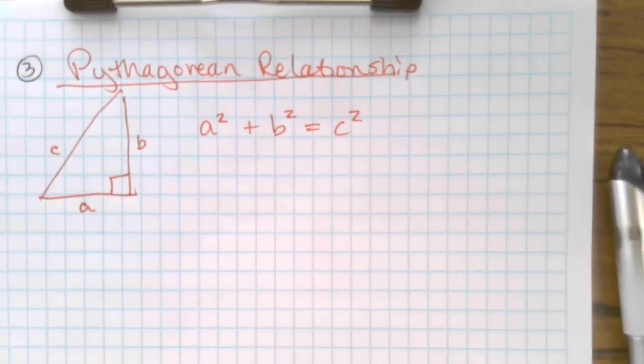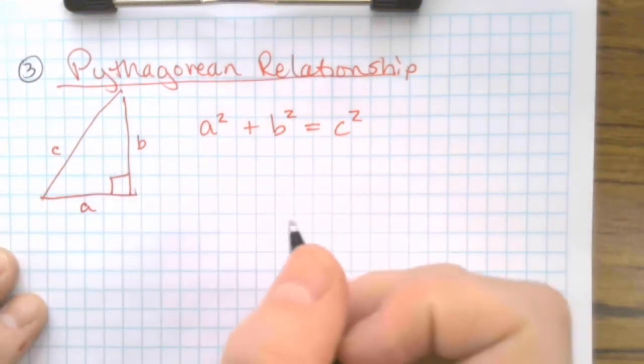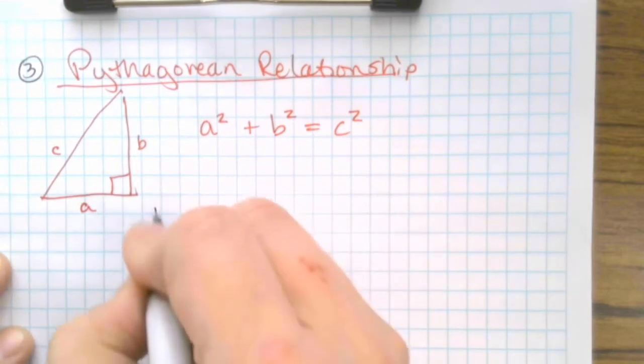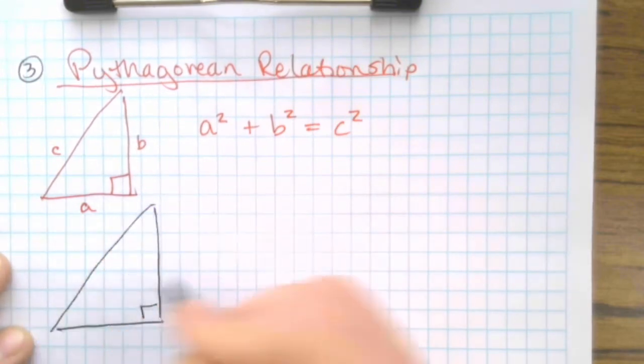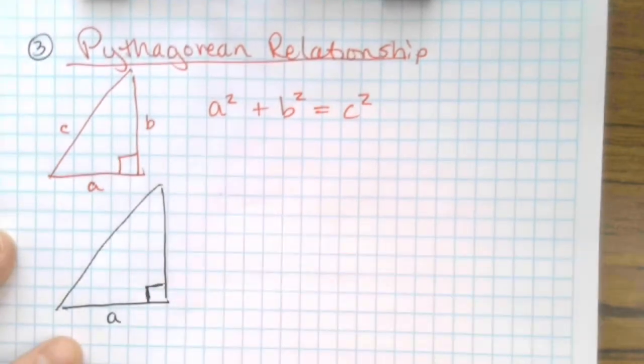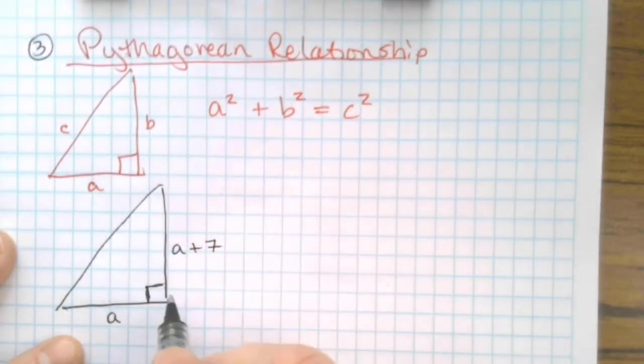Okay, so in this problem, it says that the first leg of a right triangle is 7 more than the second leg. So let's just draw this. The first leg, let's call that one A. So this side is A plus 7. This leg is 7 more than that leg.